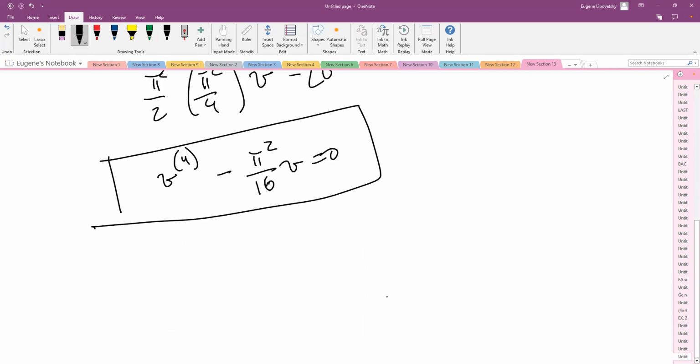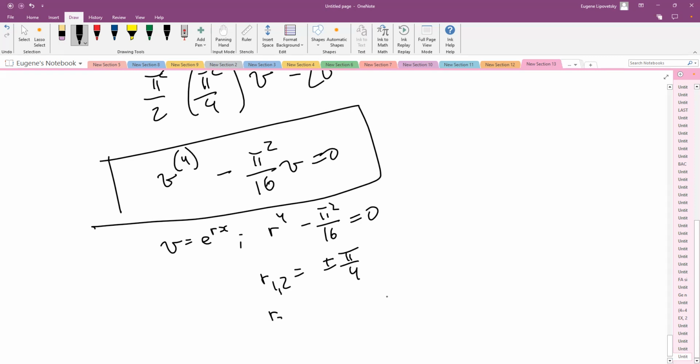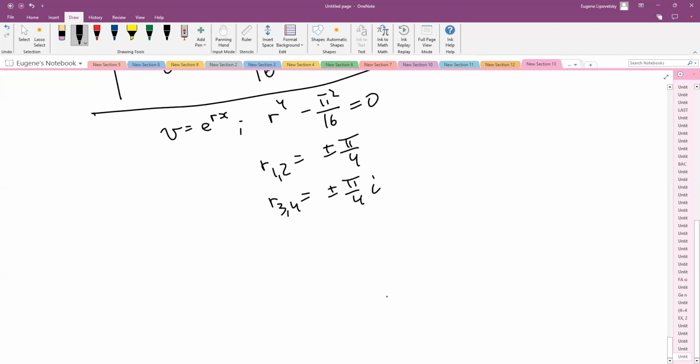Okay, so we have v equals e to the power of r x, then r to the fourth minus pi squared over 16 equals 0. r1 and 2 equal plus or minus pi over 4, and r3 and 4 equal plus or minus pi over 4 times i. We use the fact that i to the fourth is 1.